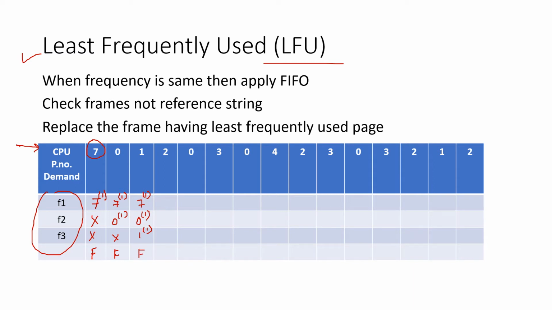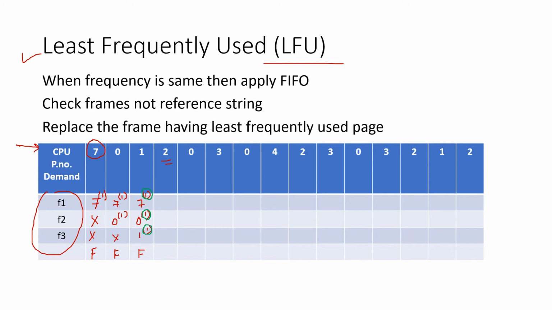Now after this we have to replace one of the frames for the next page. Next is 2. So which one do we have to replace? Here you can see the frequency of 7 is 1, frequency of 0 is also 1, frequency of 1 is also 1.